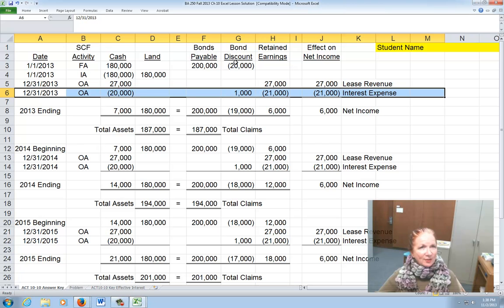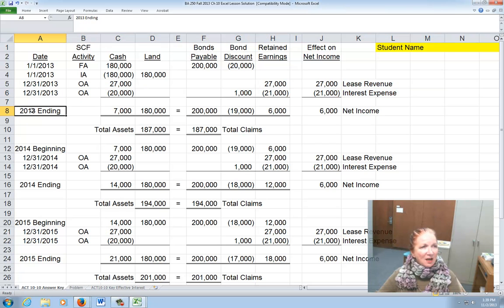It runs contrary to the bonds payable. It's used to reduce the bonds payable to their cash equivalency value. So that's what we were doing up here. Now we're amortizing it. We're going to make this discount start going down to zero, and we're going to make this book value start going up towards $200,000.